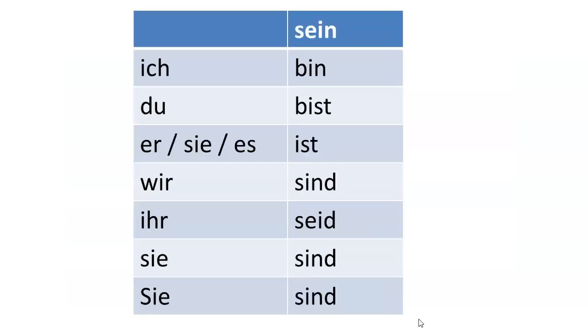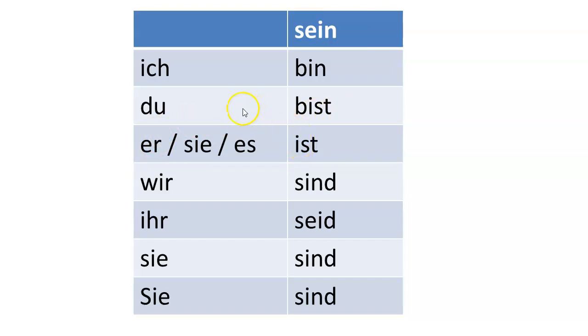So do that. And then here is the conjugation of the verb sein in the present tense. So notice the pronunciation: sein, to be. Here we go. Ich bin, I am. Du bist, you are.